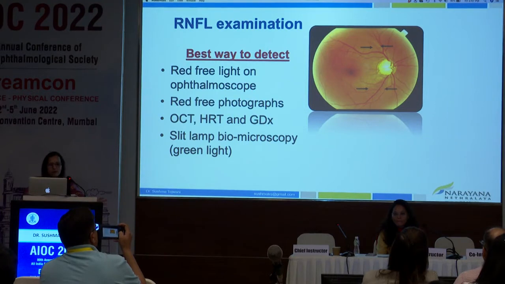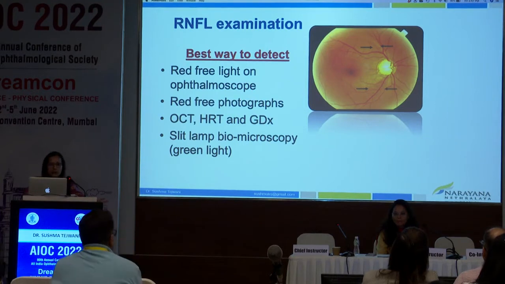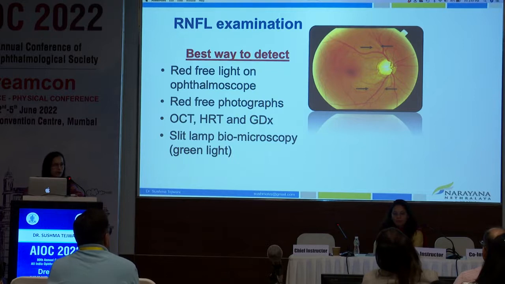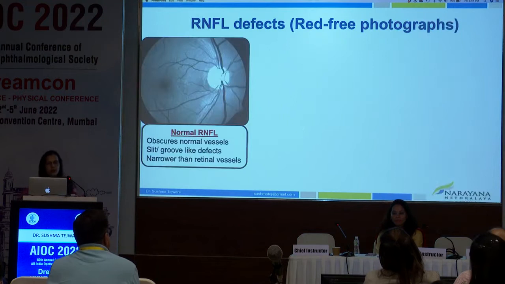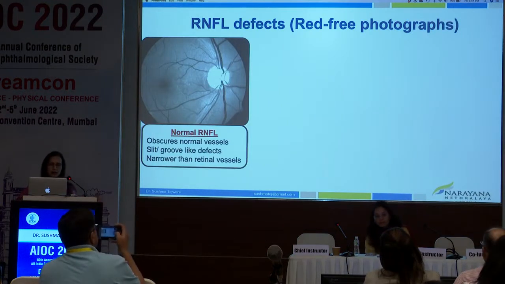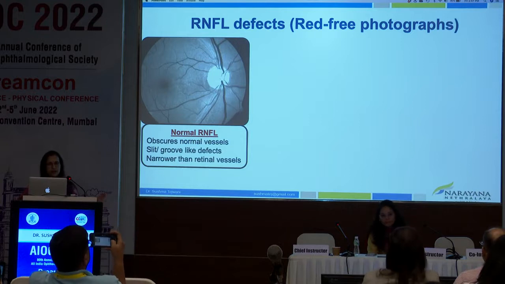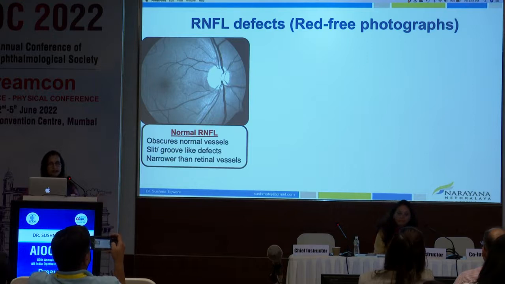There are ways to check it with imaging techniques, OCT, HRT or GDX, but here we are talking about the clinical evaluation. So a red-free photograph makes it much more prominent. This is how a normal NFL looks. The normal nerve fiber layer obscures the normal vessels. You see very limited slit or groove-like defects, which are narrower than the retinal vessels.